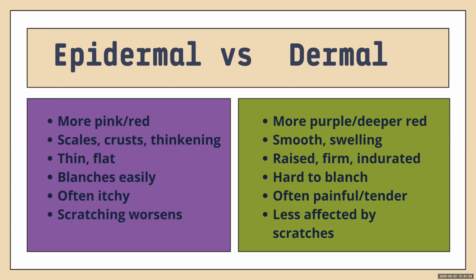So you can just blanch with your thumb and see if it blanches easily. Blanch means that when you press with your thumb, it turns pale, and then when you release it, it flushes back into pink again. That's what we call blanches easily. And if you do that and there's no color change, then most likely you're not dealing with an epidermal rash. It's deeper.